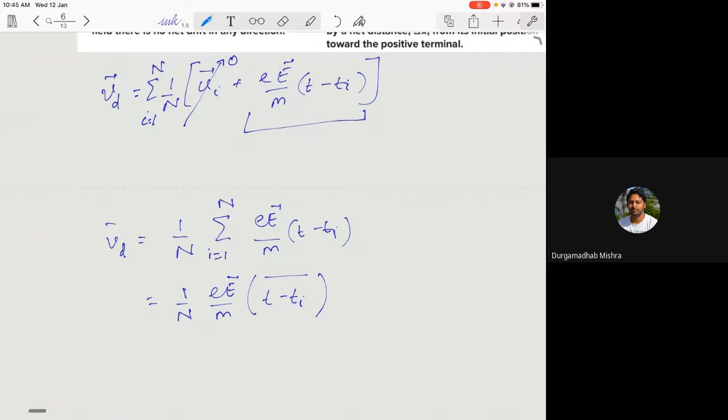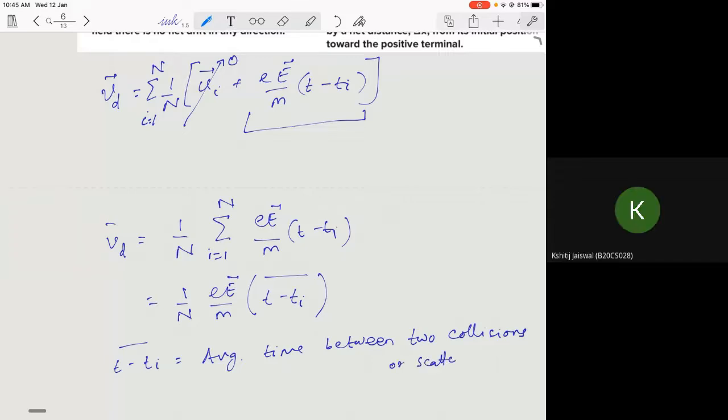So t minus ti is the average time between two collisions or scattering.